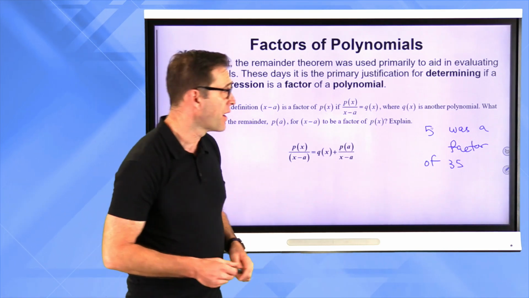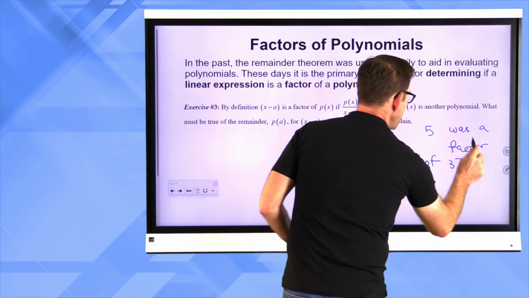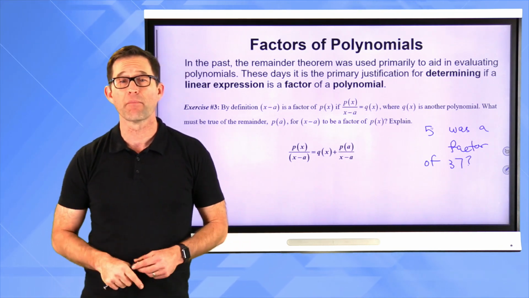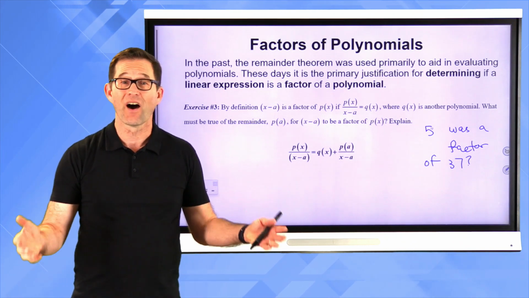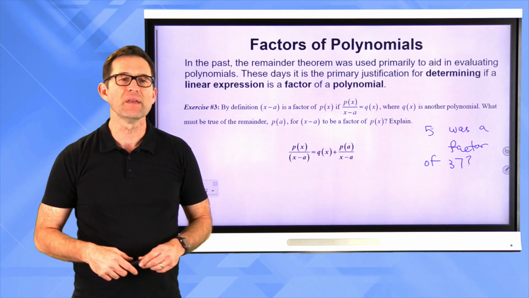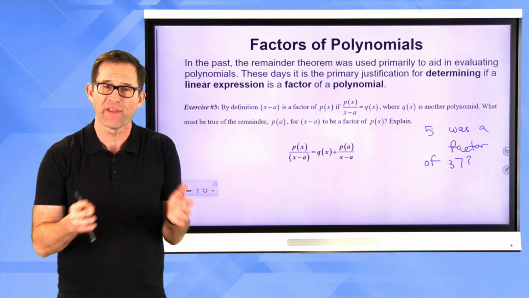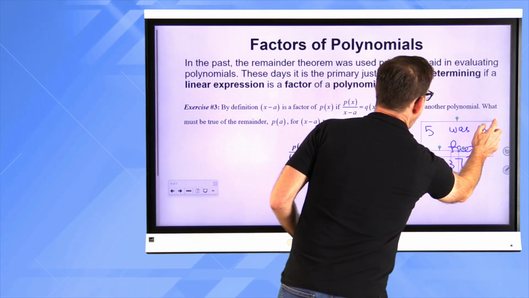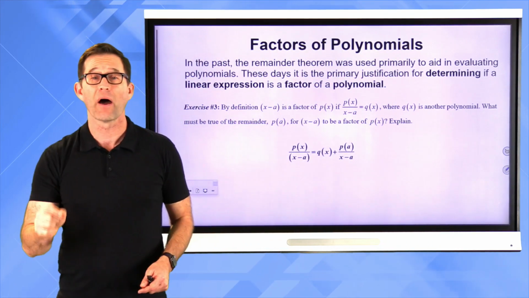On the other hand, is 5 a factor of 37? Well, the answer is no, because when I do 37 divided by 5, I get a remainder of 2, which is not 0. So when something is a factor of something else, it means that when you divide the two, you get a remainder equal to 0. And that's really important to understand as we now consider how to use the remainder theorem to think about factors.